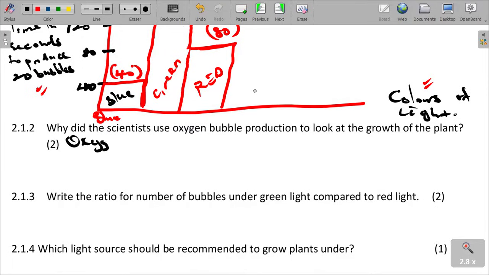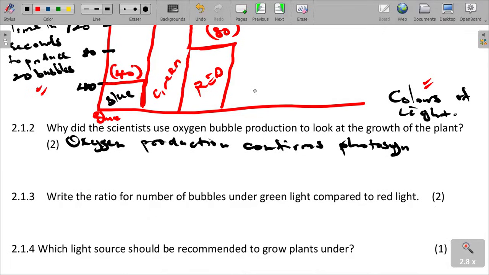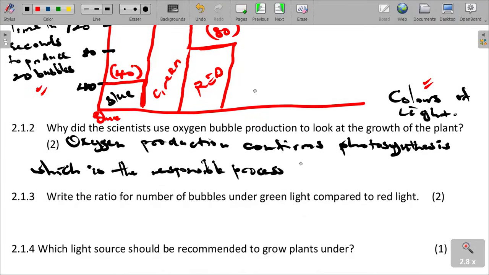Oxygen production confirms photosynthesis, and photosynthesis is the responsible process for plant growth.